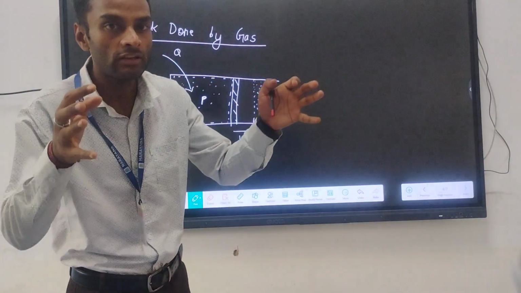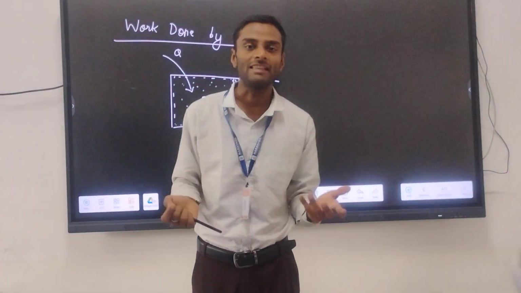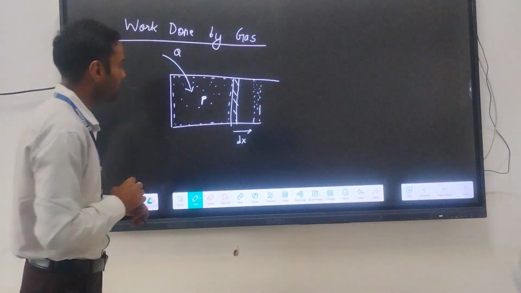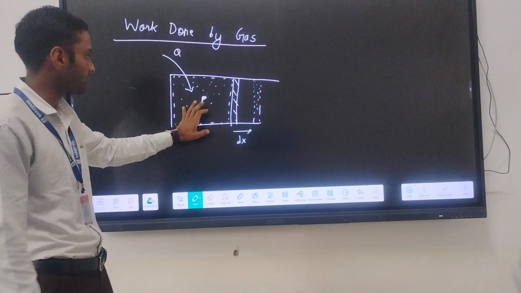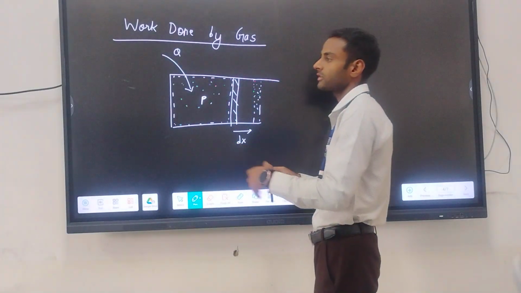So there will be more pressure, and it bursts with higher intensity. So we can't say about pressure. As it moves, the pressure will vary. Pressure can increase.